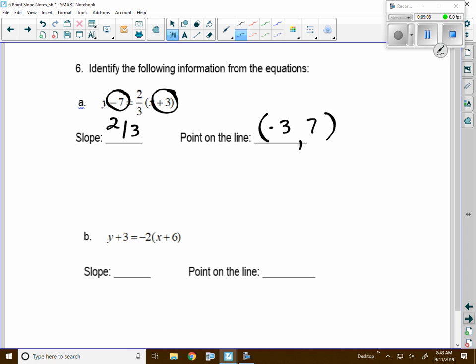It's going to get the positive 7. All right, what's my slope for b? Negative 2. That one's straightforward. All right, what about my x value? Negative 6. What about my y value? Negative 3, right? So change the sign when you go from formula to point.